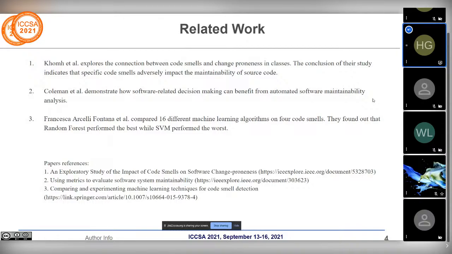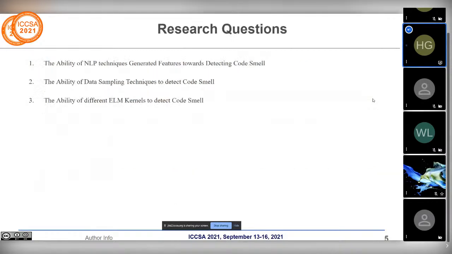Now, this is where our primary study lies. What we aim to do is identify NLP techniques from which we can detect code smells.